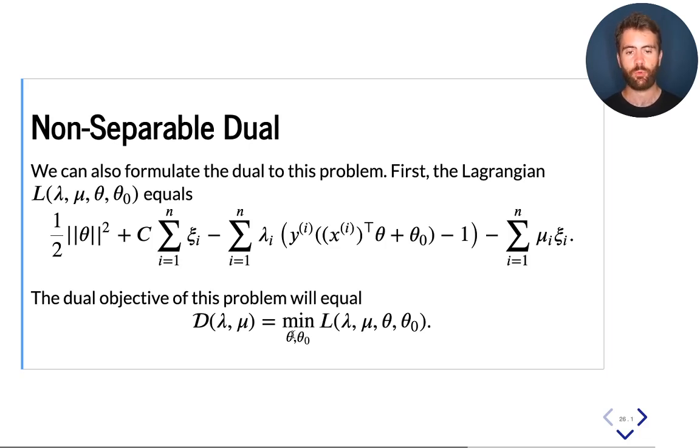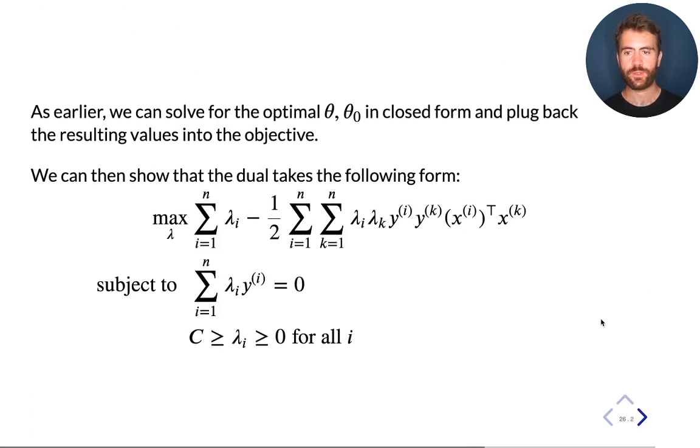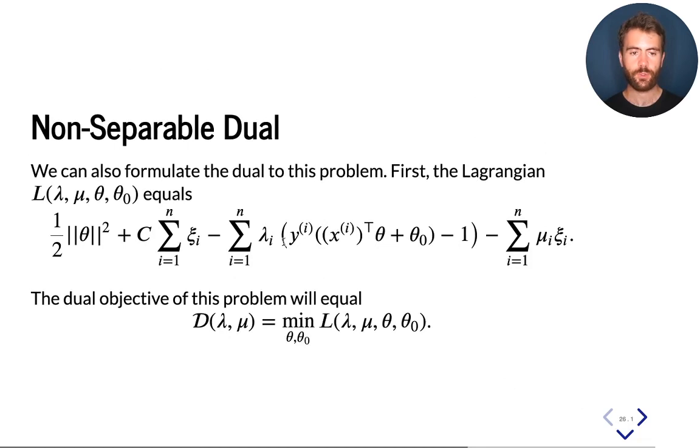If we now perform minimization of the Lagrangian over the primal variables theta, similarly to how we did this in the previous video, we can again take the Lagrangian here and take its derivative with respect to theta, because again, this is simply a quadratic function of theta.